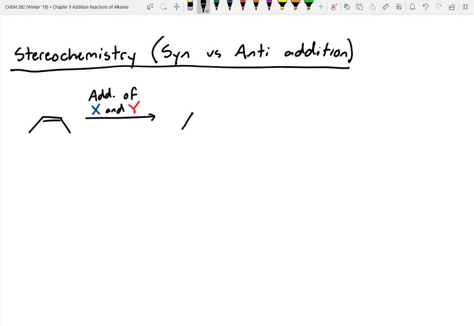And in this example, you could have X coming off as a wedge, and you could have Y coming off as a wedge as well. Is this syn or anti? Syn.